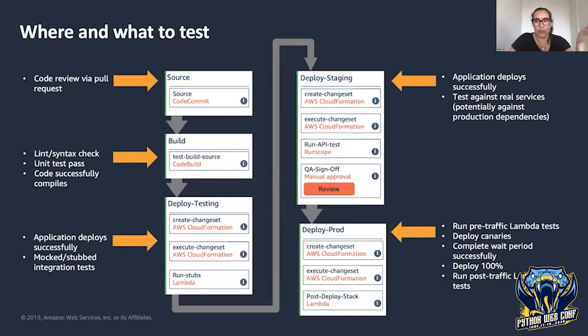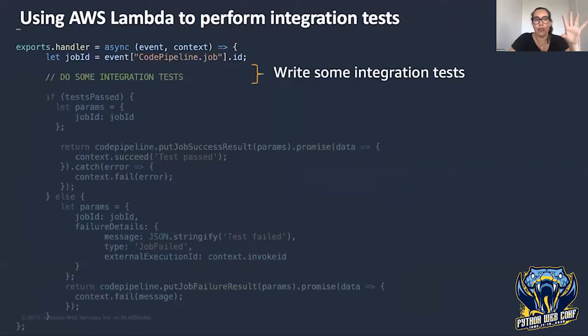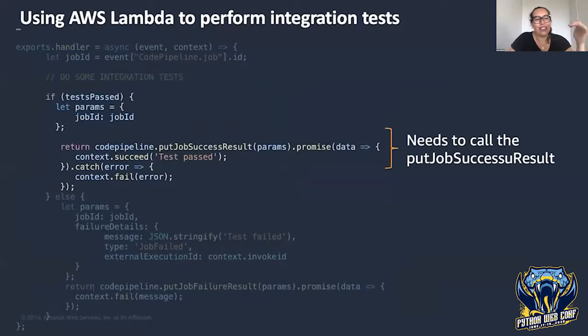So if we want to use Lambda functions to perform integration tests, we need to write a Lambda that looks like this. The first bit is write your integration test. That's something I cannot tell you. Again, sorry, this is Node. And then you need to call the AWS SDK, the CodePipeline, and put a message in this job successful result.